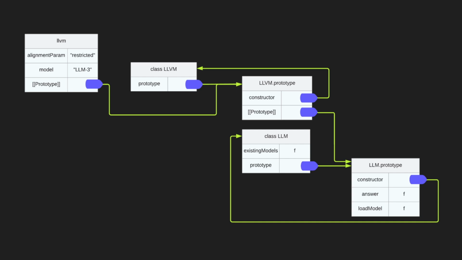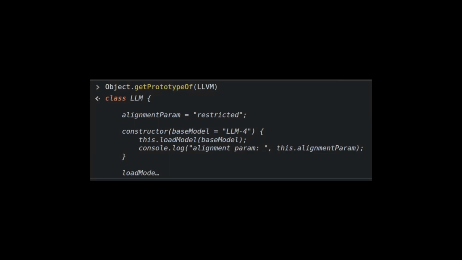Now, if you look at this diagram more carefully, it doesn't explain how we are able to use the static method existingModels of LLM with LLVM. We are missing a link. As we just saw, inheritance is implemented using the prototype chain. Because the class LLVM is an object, it also has an internal prototype. Let's look at what it is.